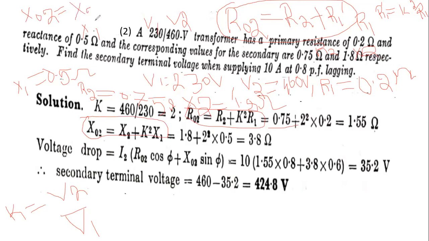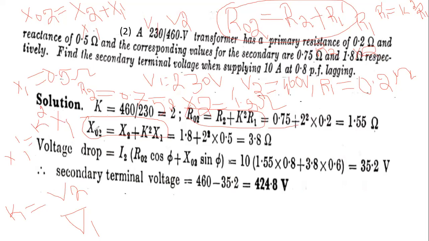Therefore X02 is equal to X2 plus X1 dash. What is the formula for X1 dash? X1 dash is equal to K square into X1. Then X02 is equal to X2 plus K square into X1.